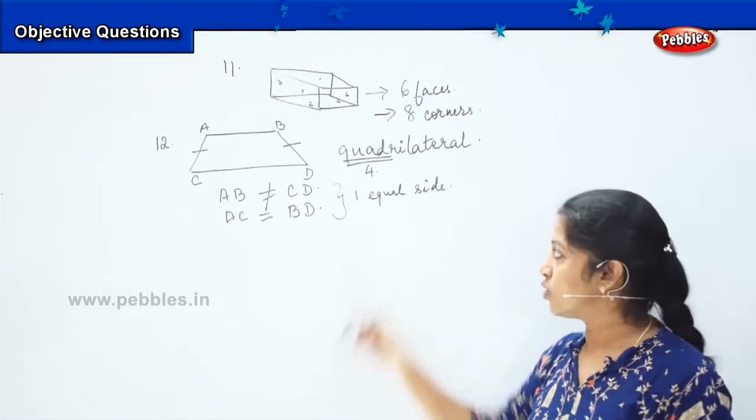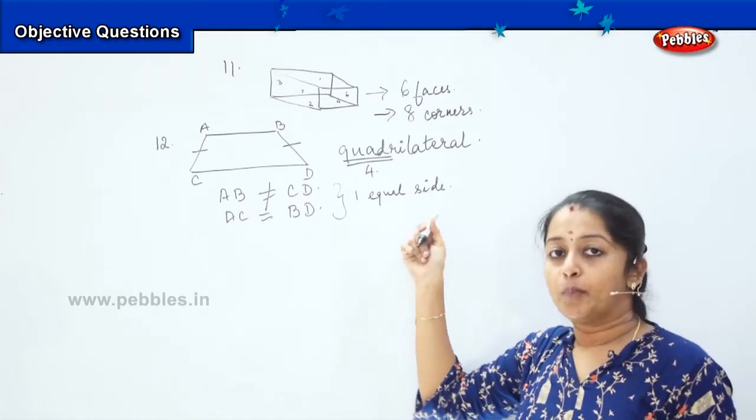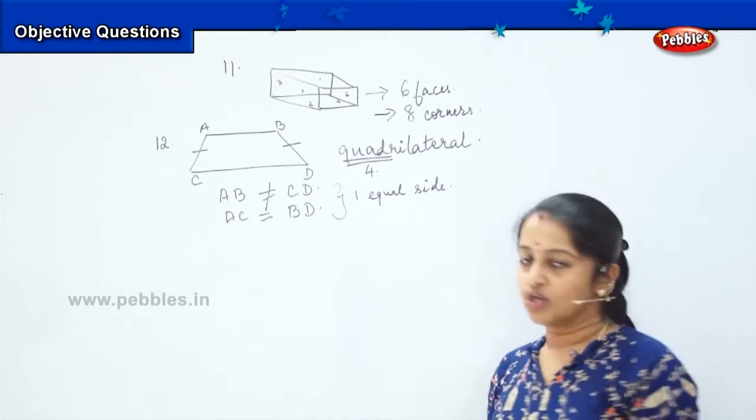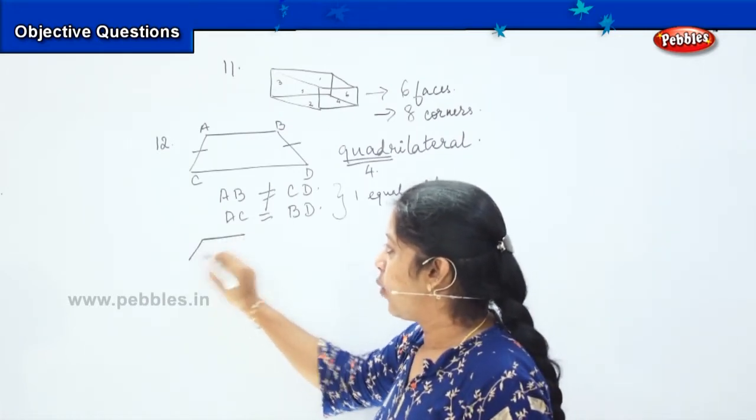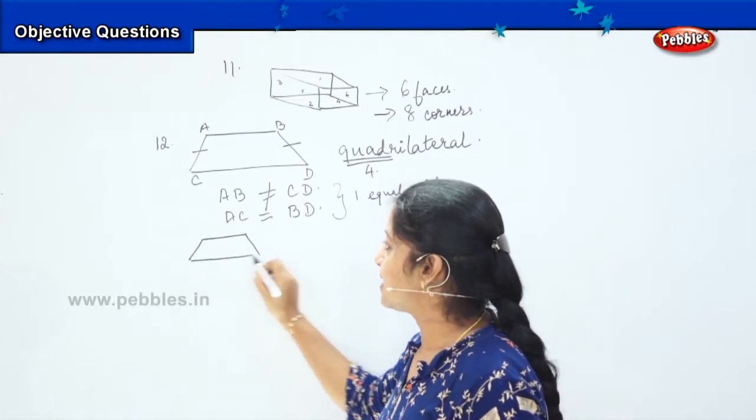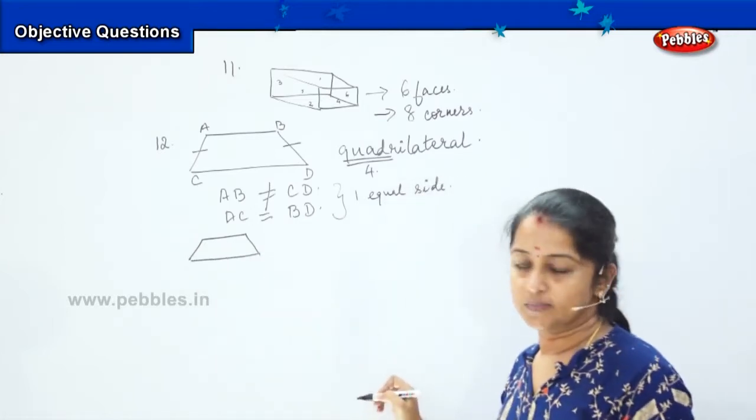Keeping this basic point in mind, here comes your next question. Now, you have to identify which among these is a quadrilateral.